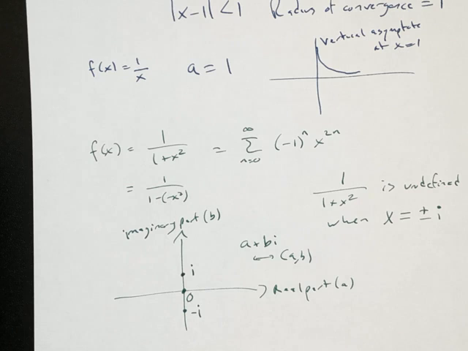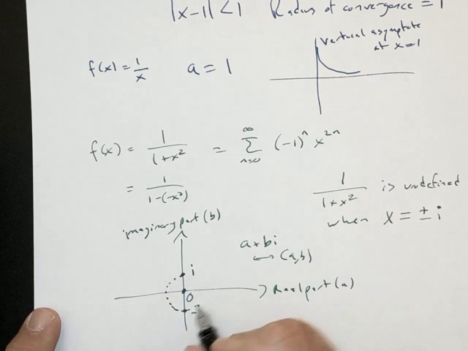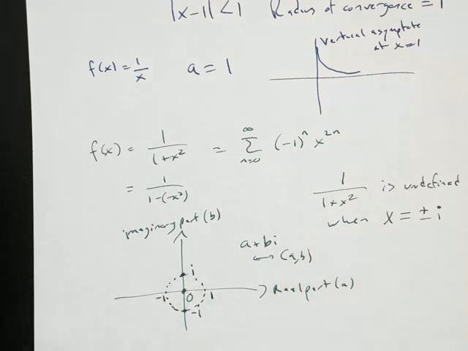And that's why we call it a radius of convergence, because right here, there's a little circle of radius 1. And my radius of convergence really does make a circle. Complex numbers are so cool here.